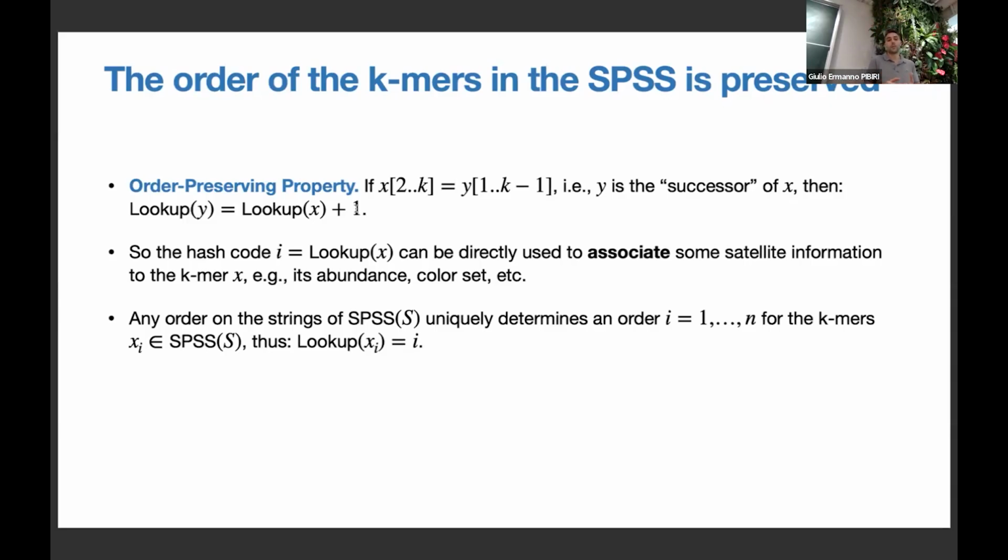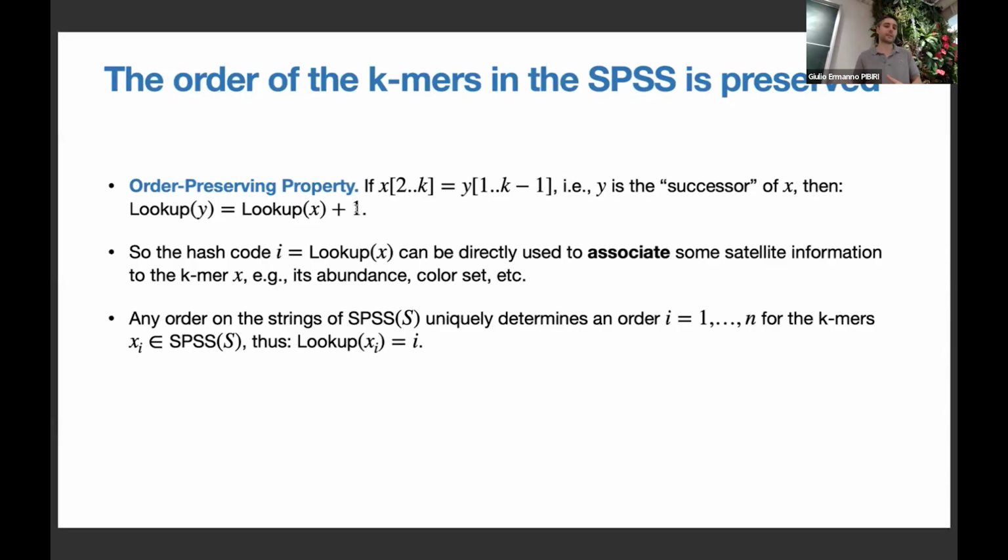Why? Because x and y, being one the successor or predecessor of the other, are more or less the same strings, so they overlap by k-1 symbols, and they just differ for one base. So every time you see x, chances are you also see y.